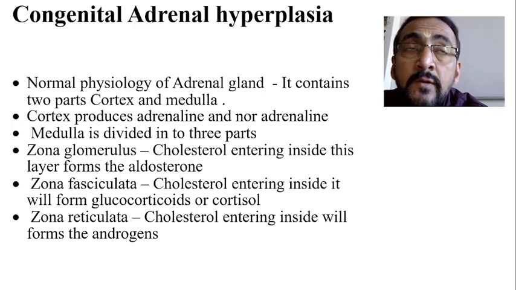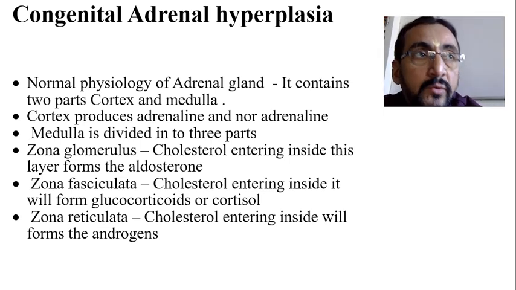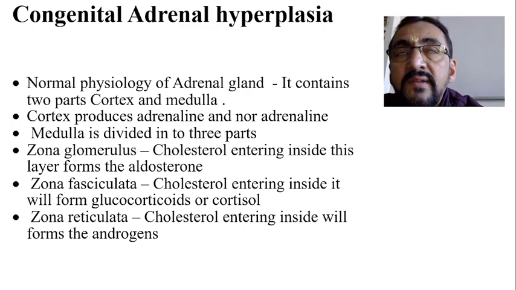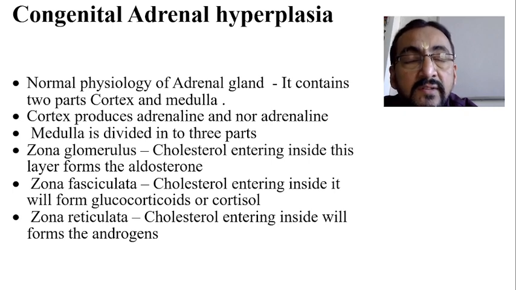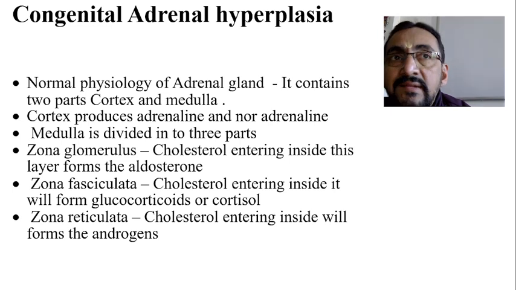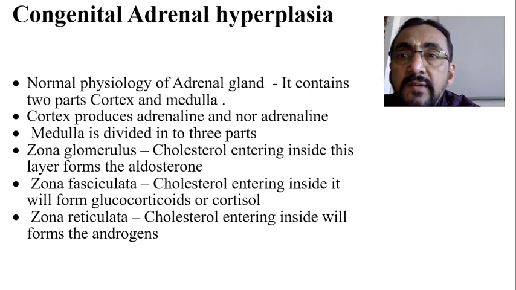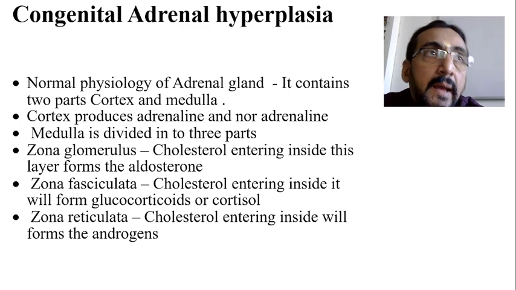But so far many times we have referred to the role of the adrenal gland, like in total insensitivity syndrome, receptor insensitivity syndrome, etc. But we have not yet discussed what is actually the role of the adrenal gland. So today we will discuss congenital adrenal hyperplasia, which clears almost all our doubts regarding formation of the androgens and their role in the development of the male and female genital organs. So let us start with congenital adrenal hyperplasia.